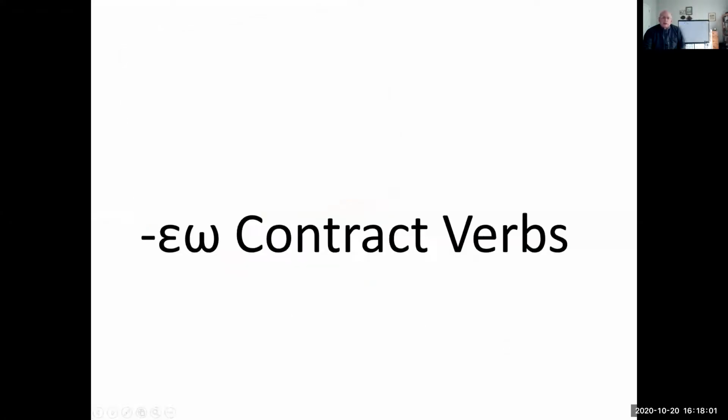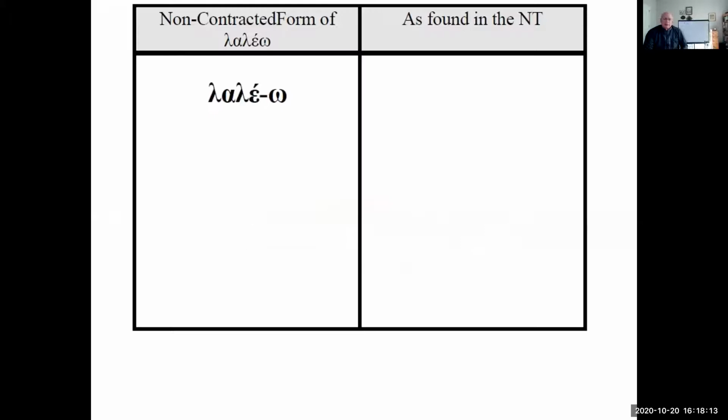As you notice, this group has only two places where we really notice a difference when we add the endings. Let's take the verb laleo, which means I speak or I utter, or it can even mean babble, or sometimes even whisper or chatter.